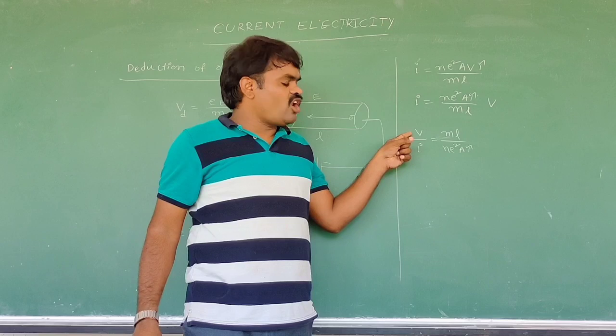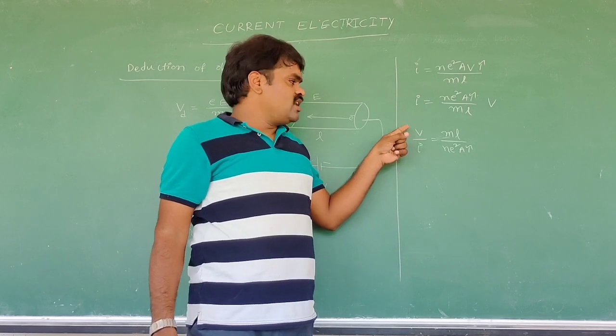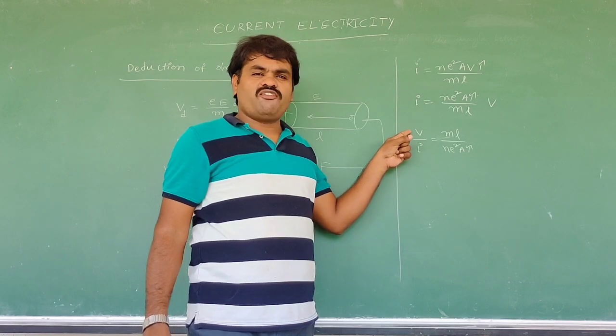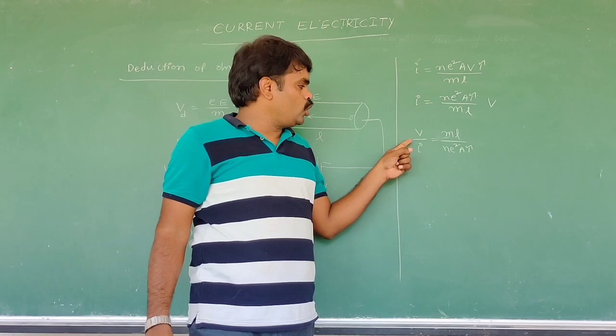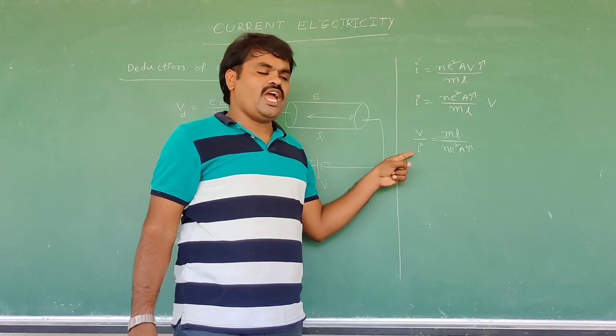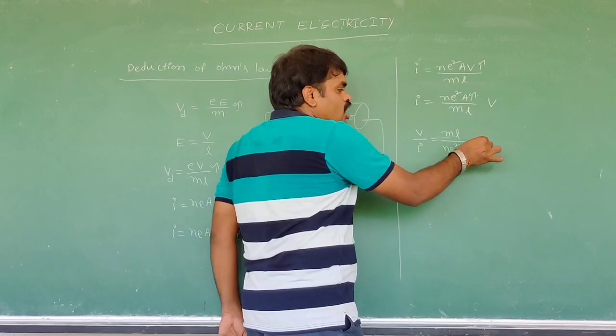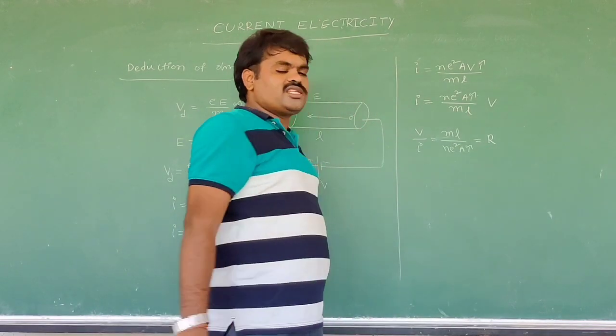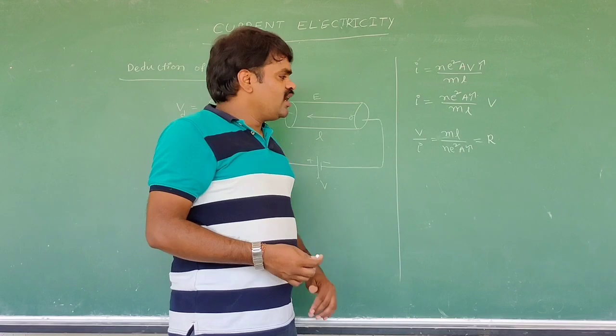By the definition of electrical resistance, the ratio of the potential difference across the conductor to the current flowing through the conductor, V by I, is represented as the electrical resistance R of the conductor.